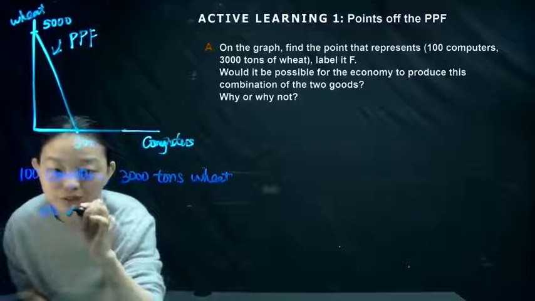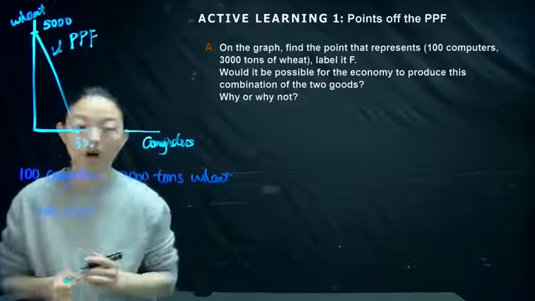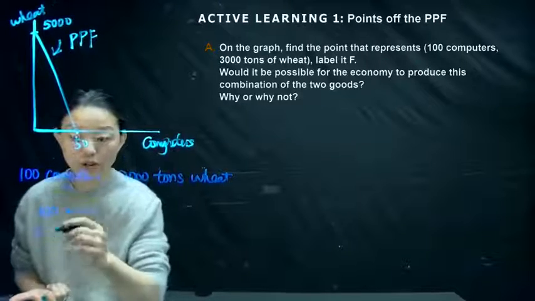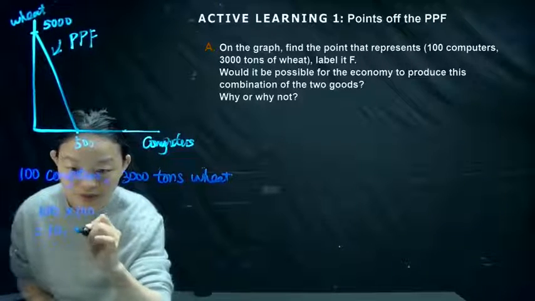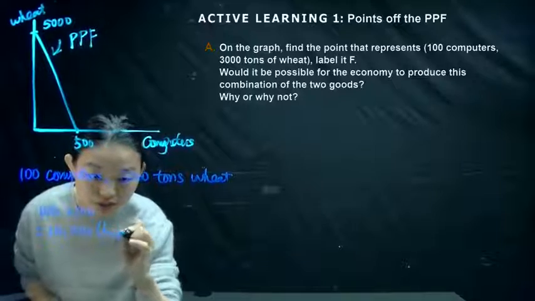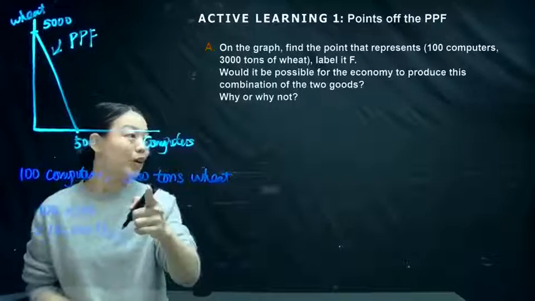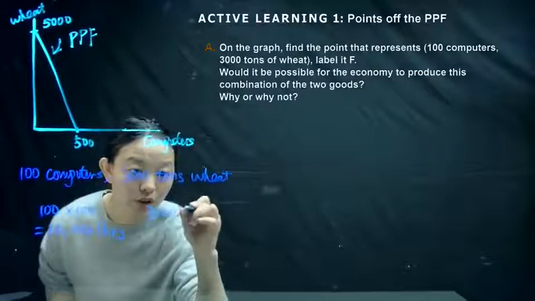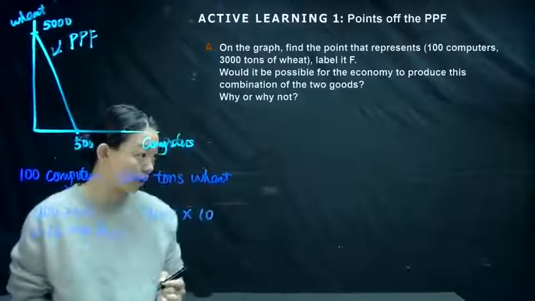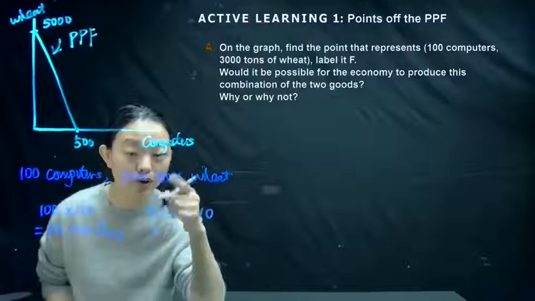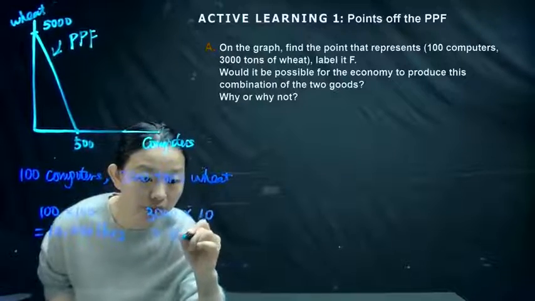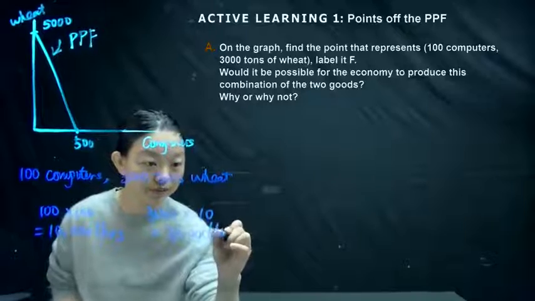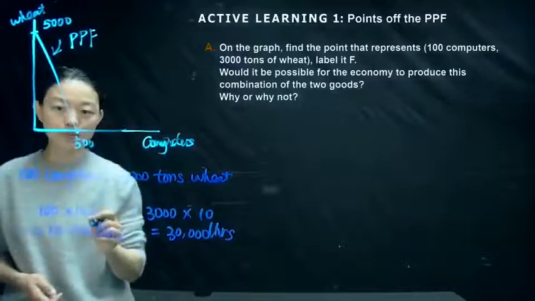Each computer needs 100 labor hours, right? So totally for computer production, we need 10,000 labor hours, right? For the tons of the weight, we know each ton of the weight requires 10 labor hours, right? Therefore, the weight production requires 30,000 labor hours, okay?